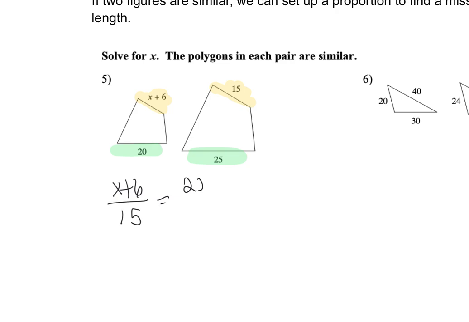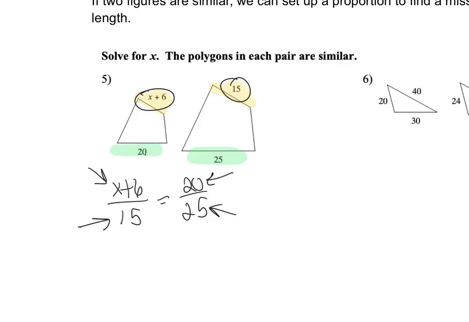If I put x plus 6 on the top here, and 15 on the bottom here, then I have to put the 20, which is the one on the left, on the top, and the 25 on the bottom. So left on top, right on the bottom, left on top, right on the bottom.